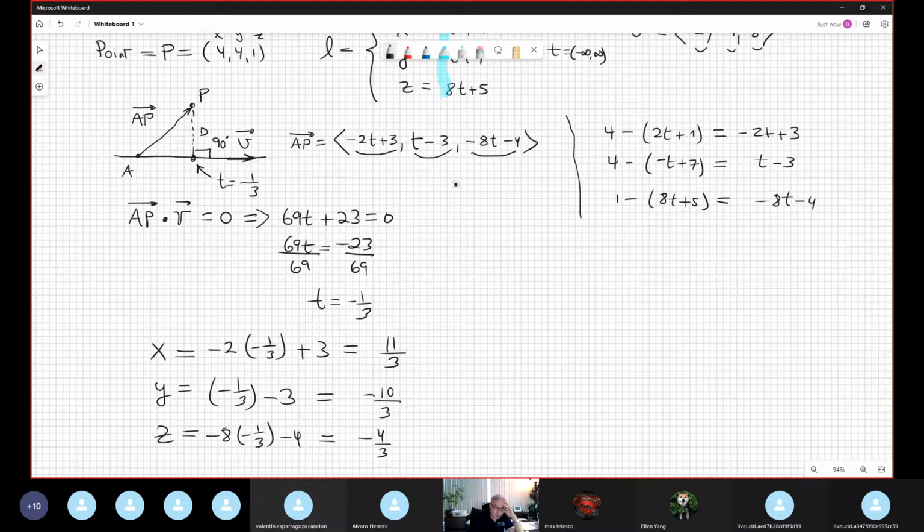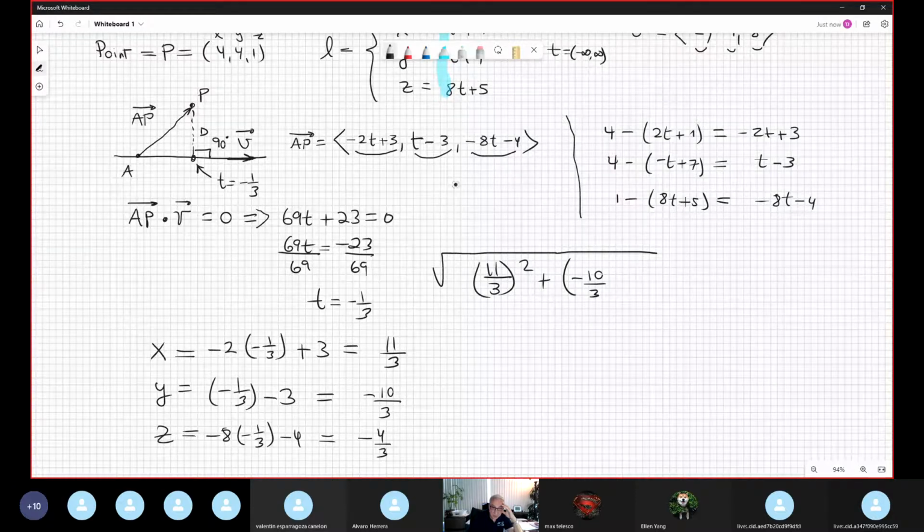Now the rest is to compute the magnitude of this vector at this point. The magnitude is pretty easy, it is the square root of 11/3 squared plus negative 10/3 squared plus negative 4/3 squared. This is too long arithmetic, but it's okay.